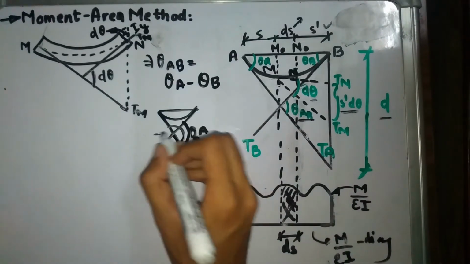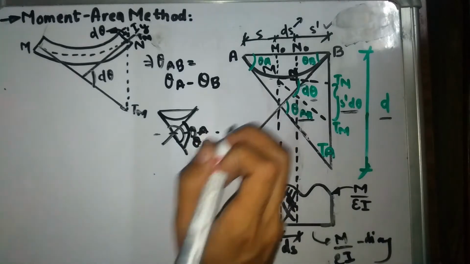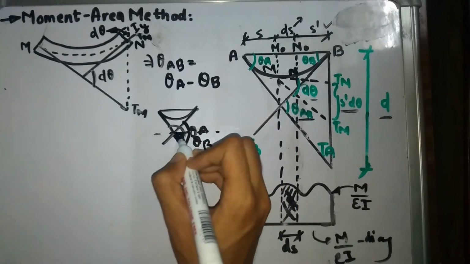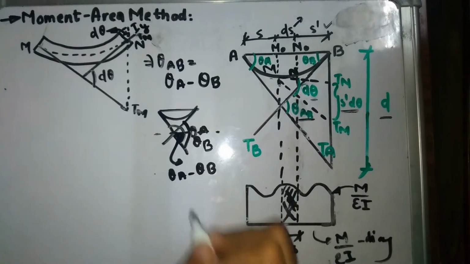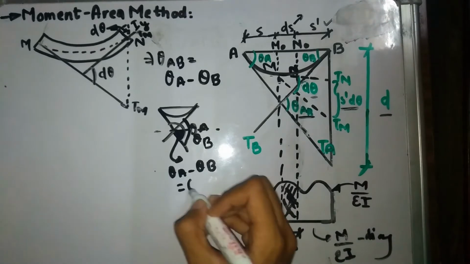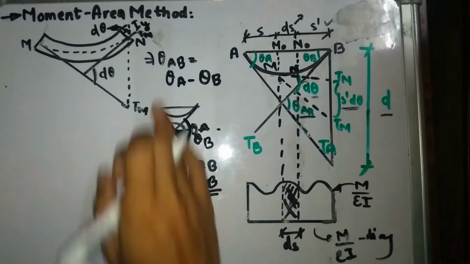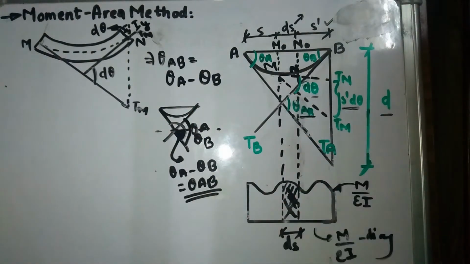If I draw my horizontal, suppose my AB horizontal is like this, and if I subtract theta A and theta B, this part is going to be theta A minus theta B, and I write theta A minus theta B as theta AB. This is not a vast concept, just for explanation, theta AB simply means theta A minus theta B.